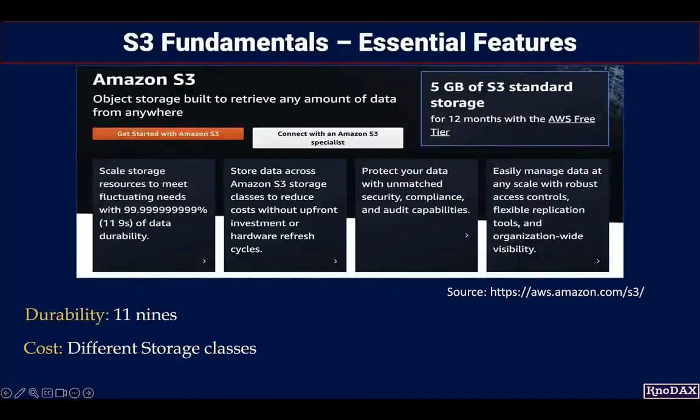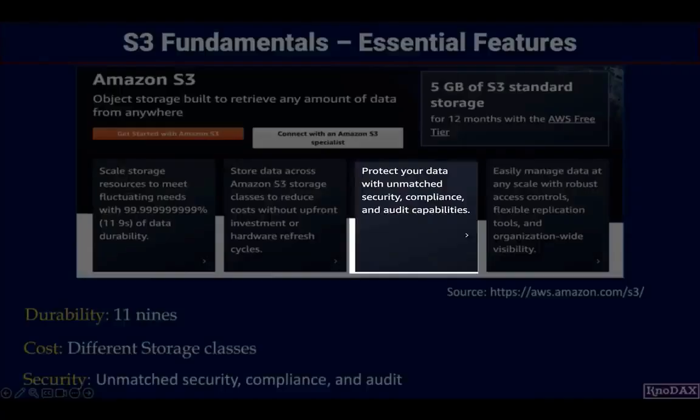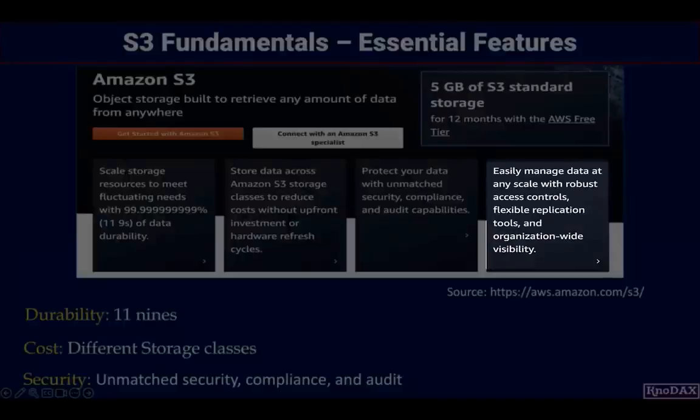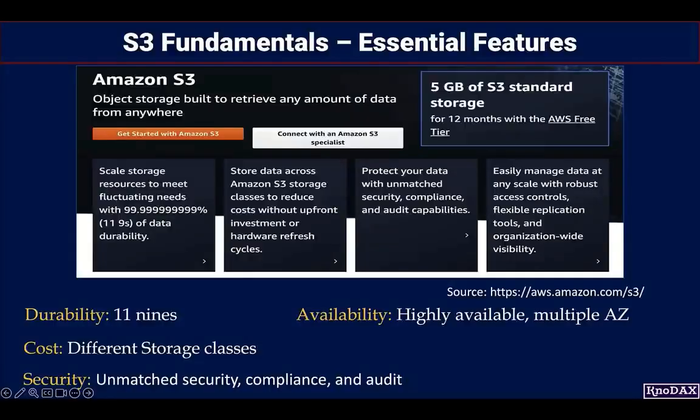It protects your data with unmatched security, compliance, and audit capabilities. For example, it maintains various compliance programs such as PCI DSS, HIPAA, FISMA, and many others to help you meet regulatory requirements. It is highly available. Data is replicated in multiple AZs to provide high availability. It is highly scalable and can easily manage data at any scale.